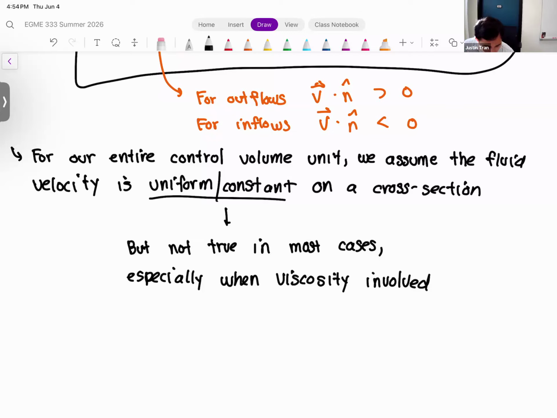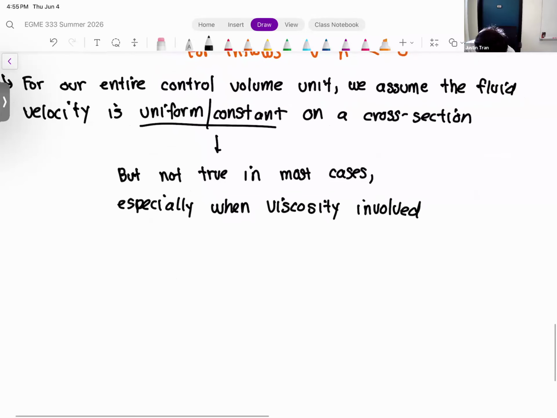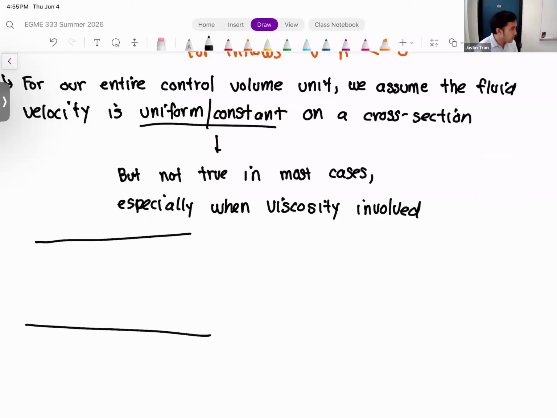And so if you have flow in a pipe or if you have flow kind of constrained between walls, right? What tends to happen is that the velocity forms this parabolic shape where it's maximum in the middle of the pipe, but actually goes to zero at the walls. Something like that.